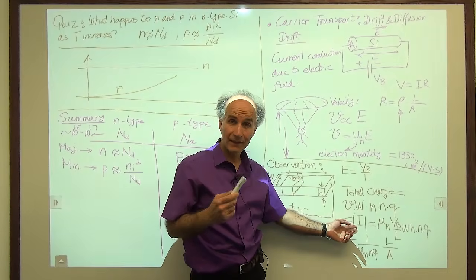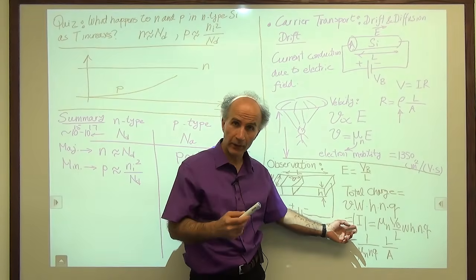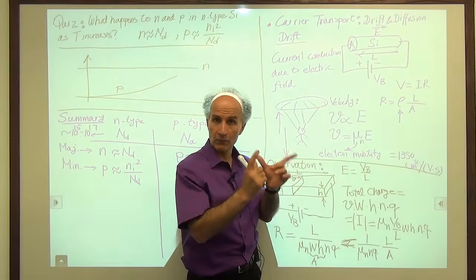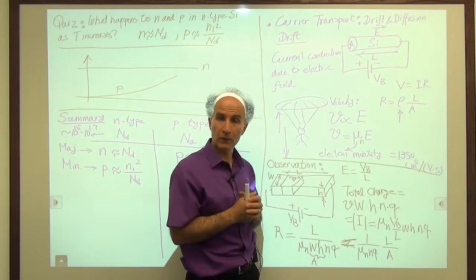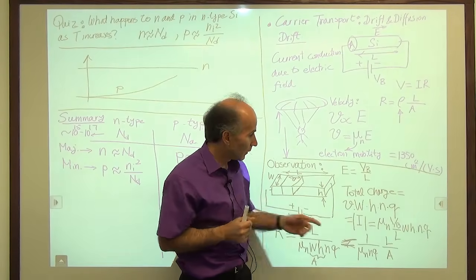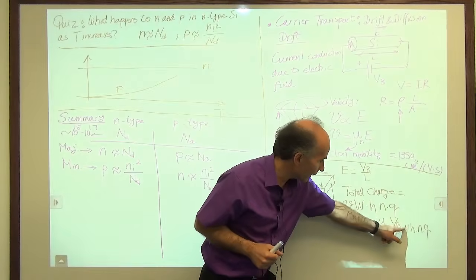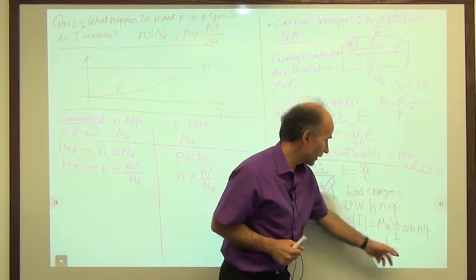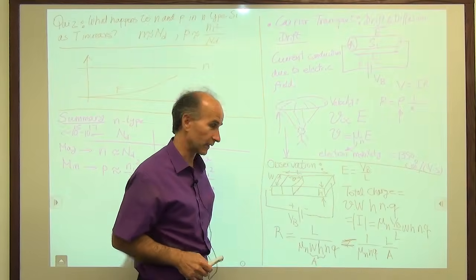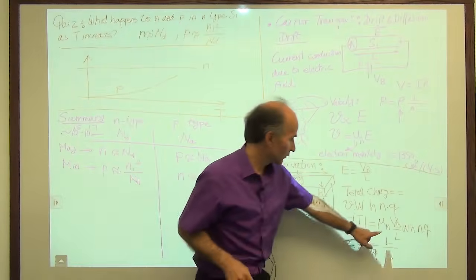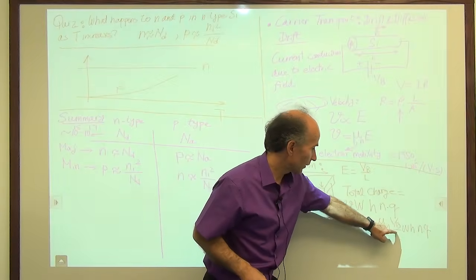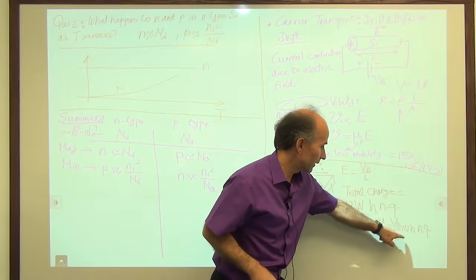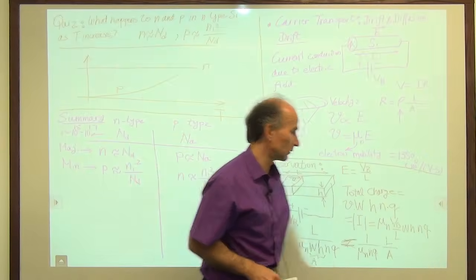The unit of current density is amperes per square centimeter or square micron or square meter, whichever we like. So we just divide it by the cross-section area, which is W times H, remember? So we just divide by WH, and that will give us the current density. So the current density will be equal to mu n times the electric field times n times q.